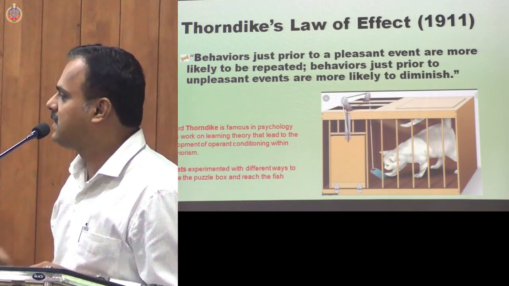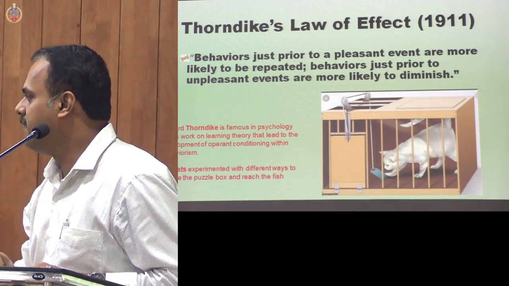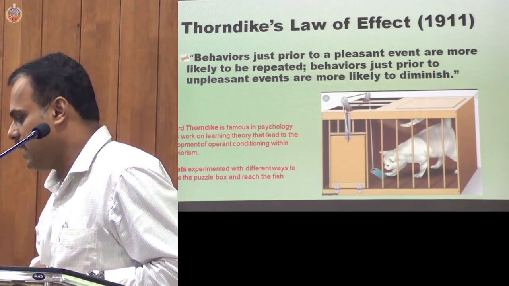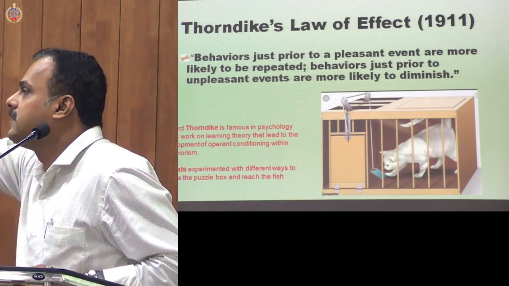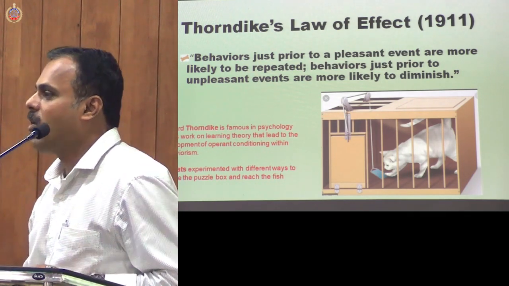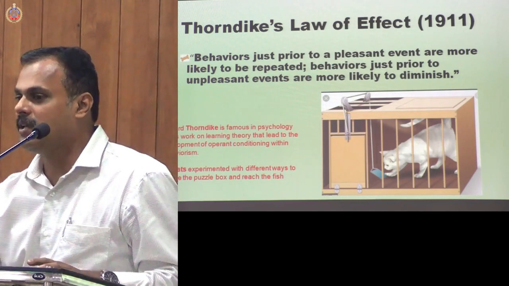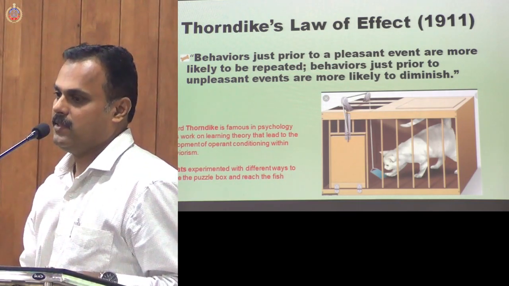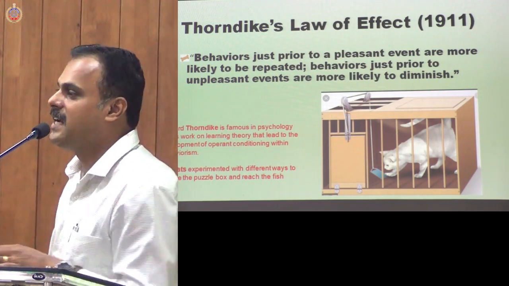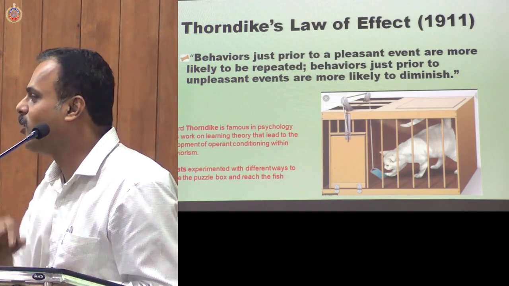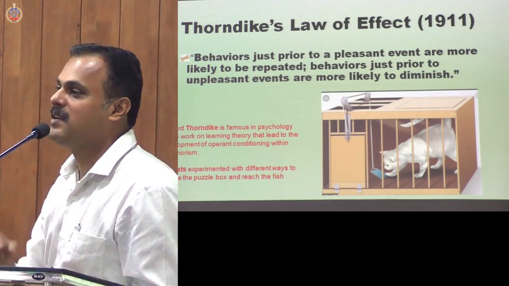The cat initially struggled to come outside, but at a particular point when its legs started touching that cardboard piece, it unbolted the box and the cat came out. And immediately when it came out, there was food kept. The second time the cat is placed inside the box, the cat immediately pressed the cardboard piece and came out. So that was the experiment he found out.